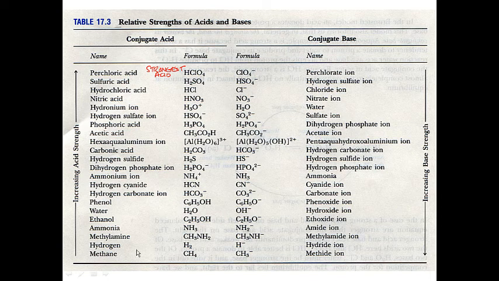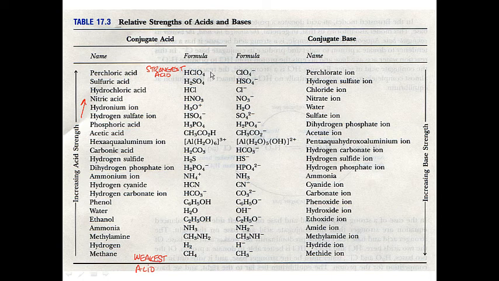And then down here, I've got the weakest, and I may cross this out and say that down at the bottom of the chart is a non-acid. But as you go up this table, you've got increasing acid strength.